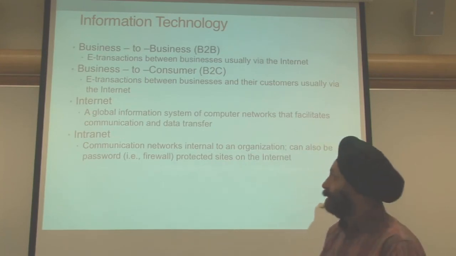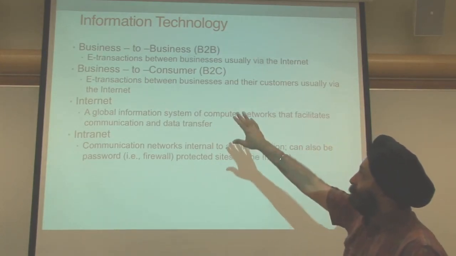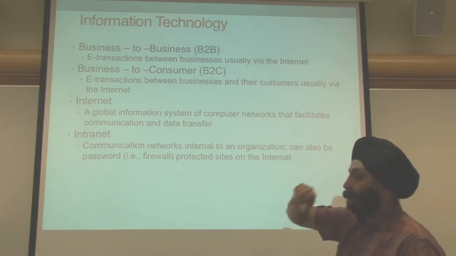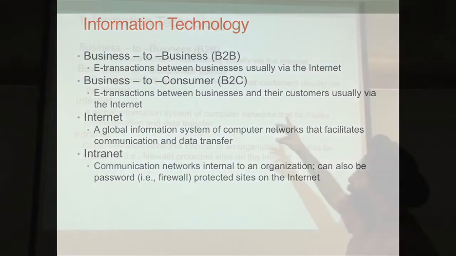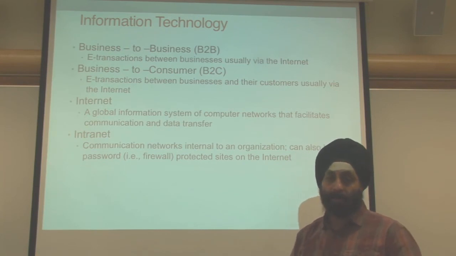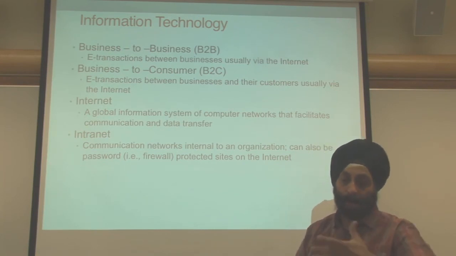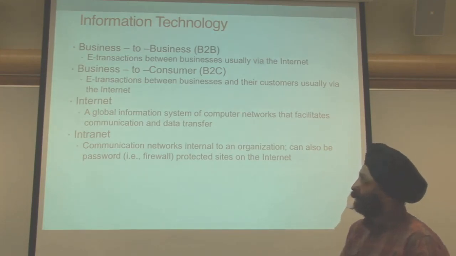Information technology side of the e-manufacturing universe, you have business-to-business transactions between one business and another business, maybe a supplier or outsourcer and the company, whatever it may be. A B2C example is Amazon or any others where regular consumers are buying one-off products from online retailers or similar entities.